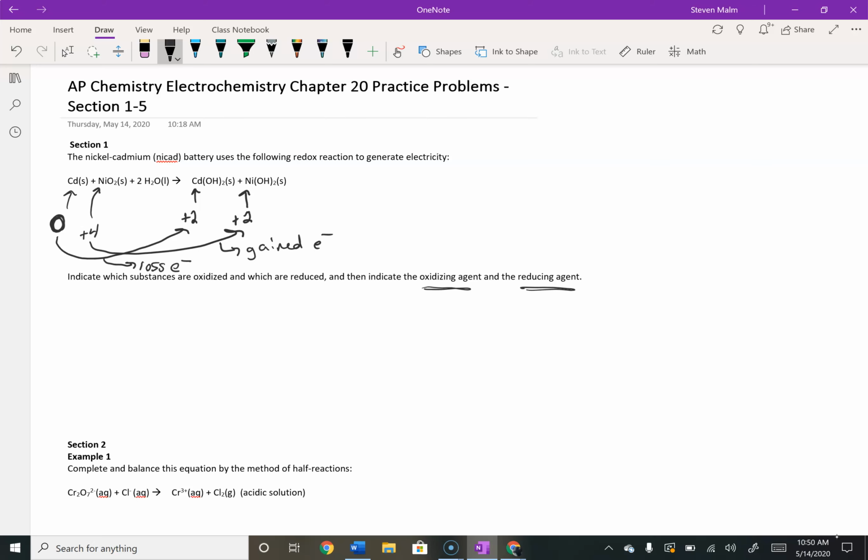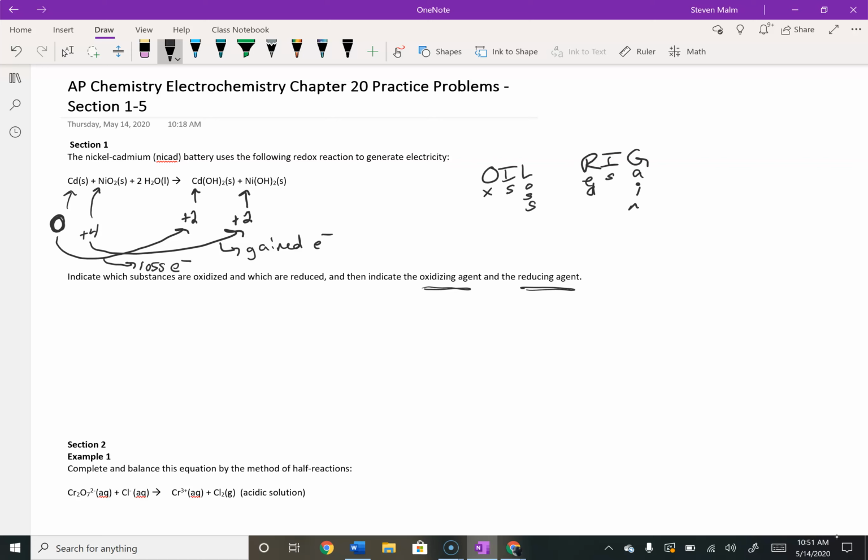And now using your mnemonic, we know oxidation is loss, and we know reduction is gain. So now we know that the thing that was oxidized is the thing that lost electrons.